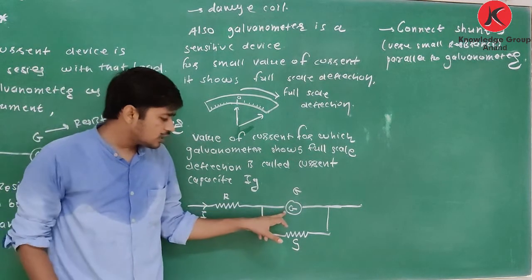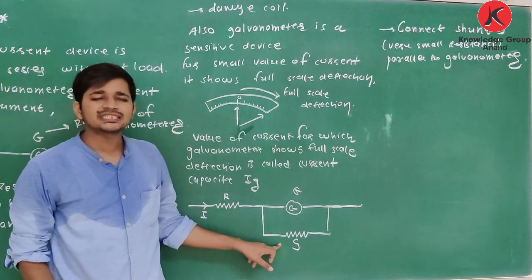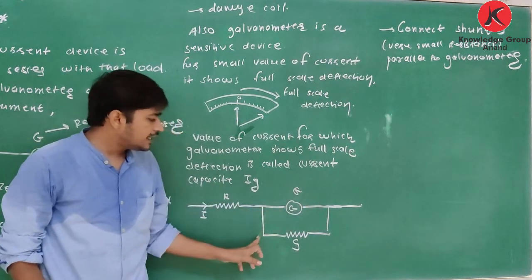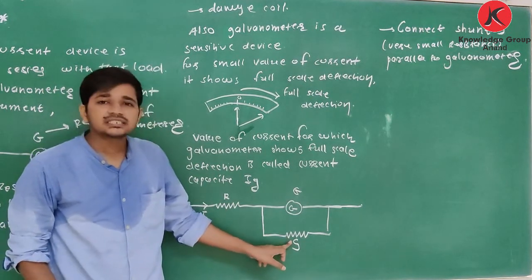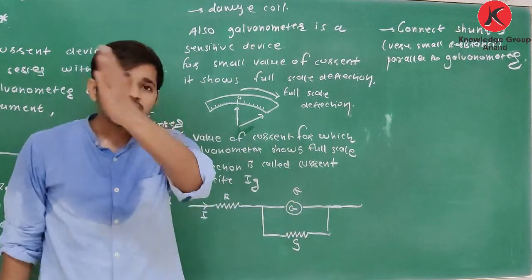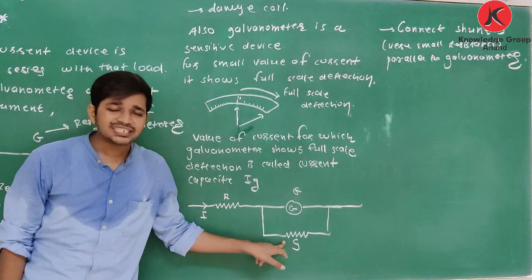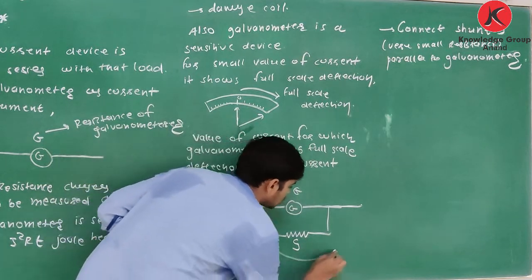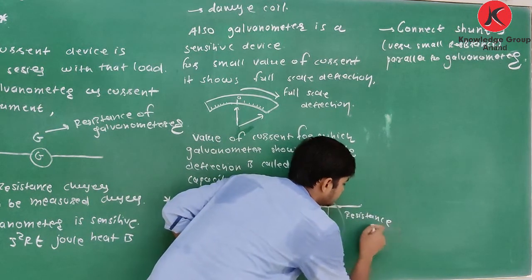Now, if you connect this shunt parallel to this galvanometer, shunt, very small resistance, yes or no? Yes. So you know that in parallel connection, equivalent resistance is smaller than the smallest. If its resistance is 0.05, okay, 0.05, then the equivalent resistance will be smaller than 0.05. Yes or no? So yes, if we connect a very small resistance, that is shunt, in parallel, the overall resistance of this decreases.